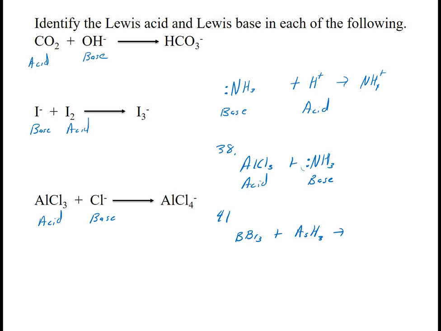This one gives me the whole reaction, the other one didn't, as being BR3 bonded to AsH3. What I didn't finish drawing over here is that this has a lone pair. They're both neutral, so I can't tell by looking at these, but because this one has a lone pair, this one makes this one the base, and this one an acid. And that's the end of this video.